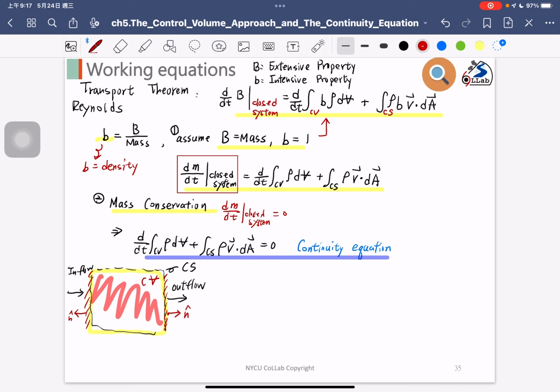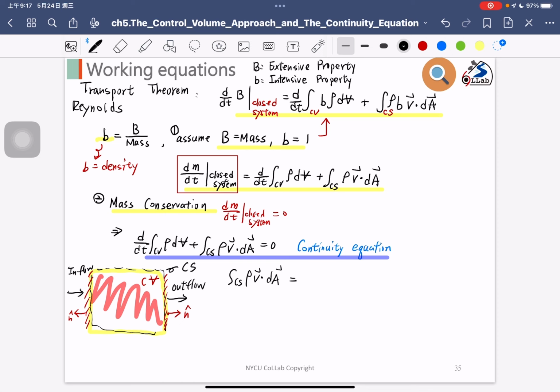So if you go back to the control surface and integrate along it, we have rho and V dot product with the cross-section area. On the right-hand side, I only have one outflow and one inflow.